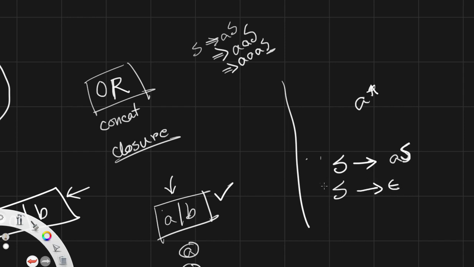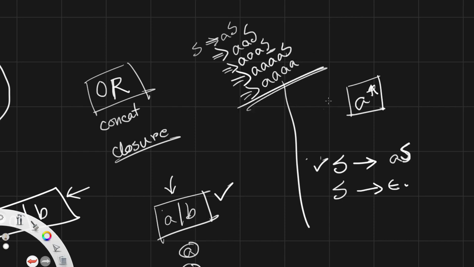This means S generates nothing, a string of length 0, an empty string, which means at any time when I have decided that, okay, that's enough A's, let's say I want to generate 4 A's, I'm going to use this rule one more time, and then I'm going to use this rule to terminate the string, and S is converted into epsilon, which is just nothing.